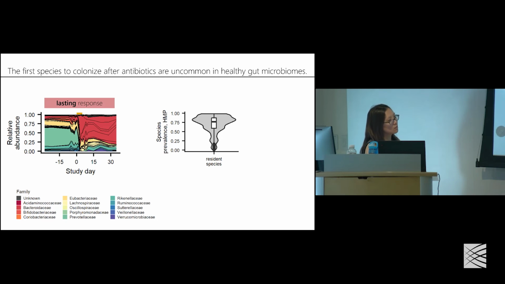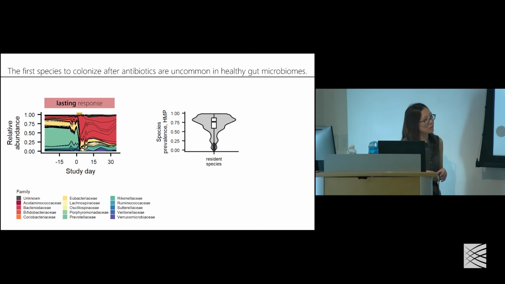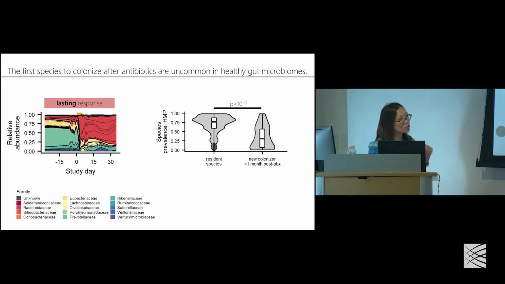So resident species that were present before antibiotics tended to have high prevalence. That makes sense. Most of the species that you have are species that most people have in the gut microbiome. But when we looked at these early colonizers immediately after antibiotics, we saw that these species had much lower prevalence overall, indicating that they were not commonly found within the gut microbiomes of healthy adults.